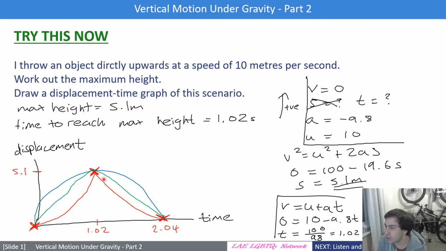Is the displacement changing constantly with time? Is it changing faster, or is it changing slower? So to answer this, we can think about the formula for displacement, right? That is, using SUVAT, s equals ut plus a half at squared.